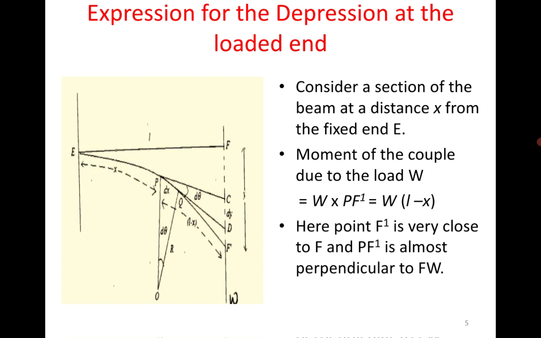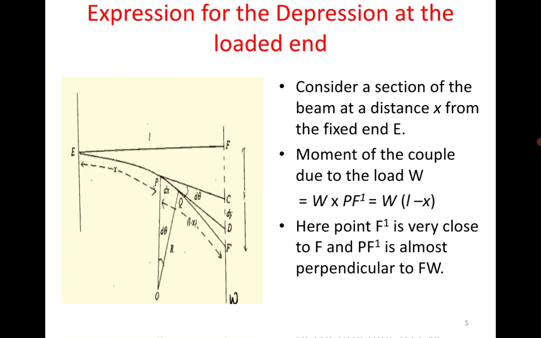Then PC is the tangent drawn on the line FF dash from the point P and QD is another tangent from the point Q on FF dash. If POQ is d theta, then the angle CPD is also d theta.